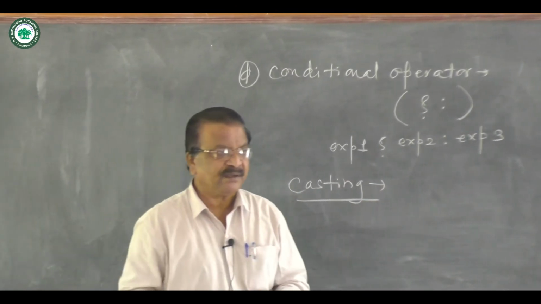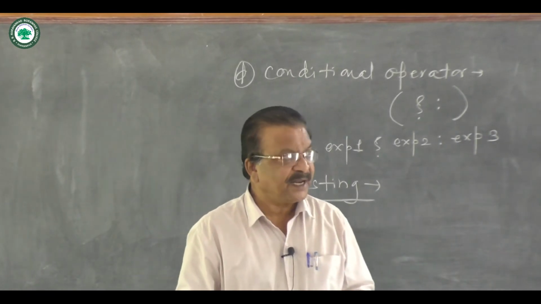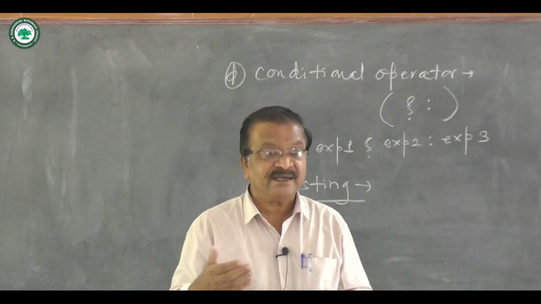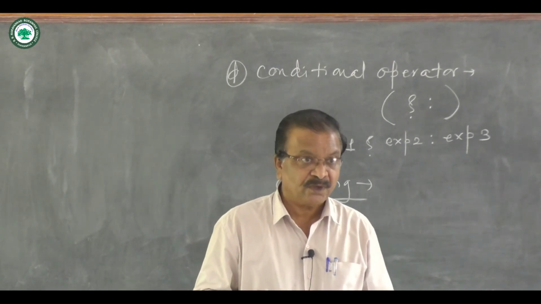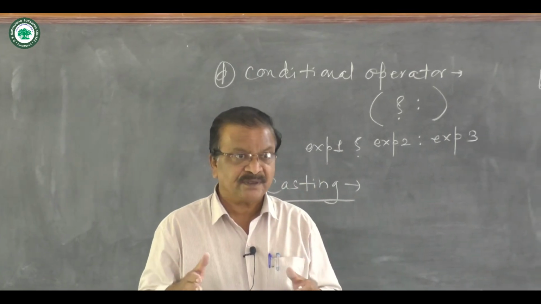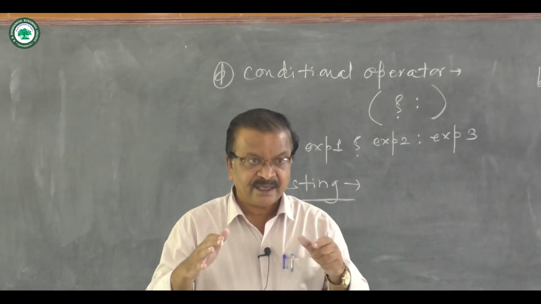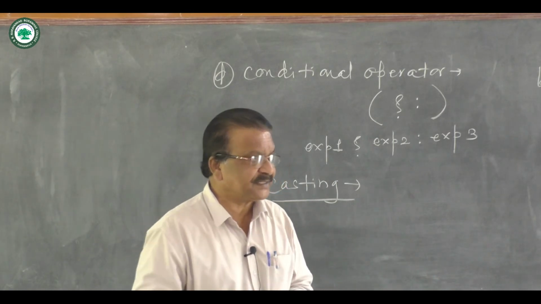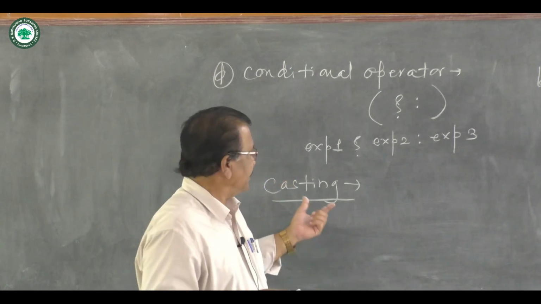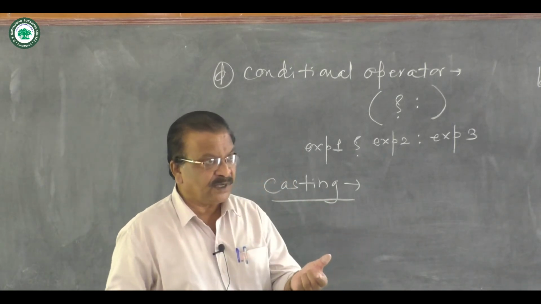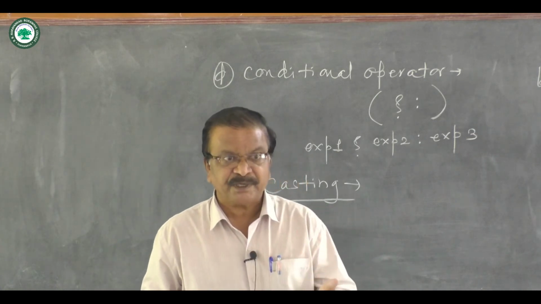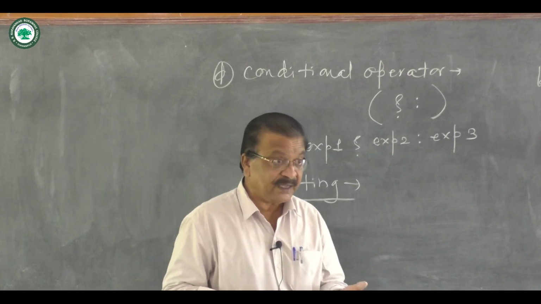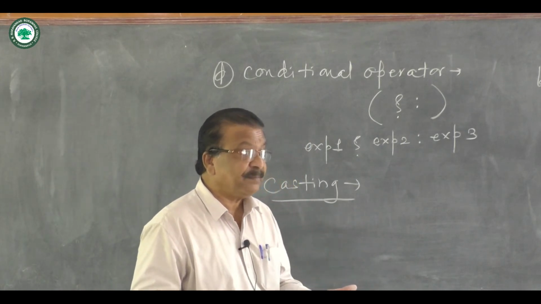In C programming, the value of an expression can be converted into a desired data type, and to do so the expression must be preceded by the desired data type enclosed in parentheses.